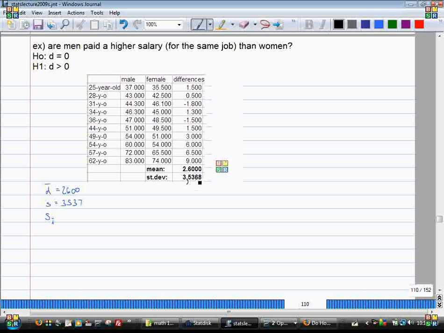We want 3537 divided by the square root of 10.